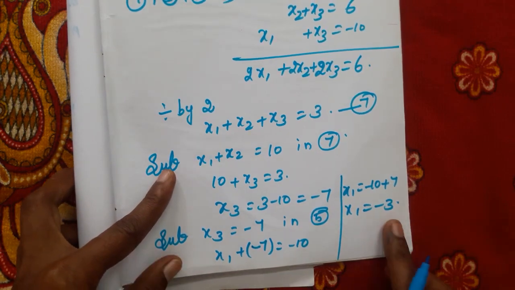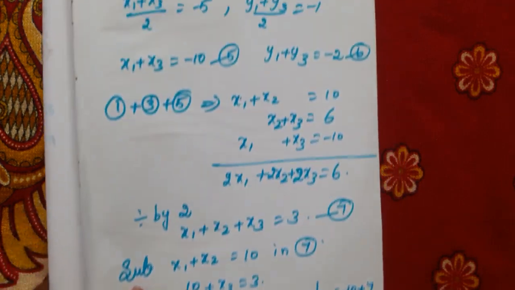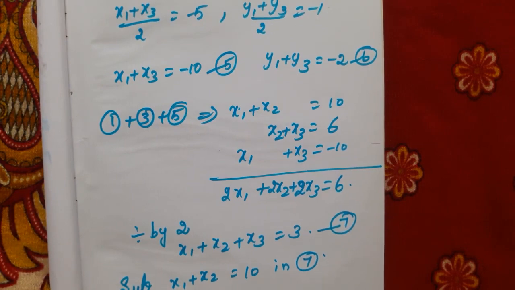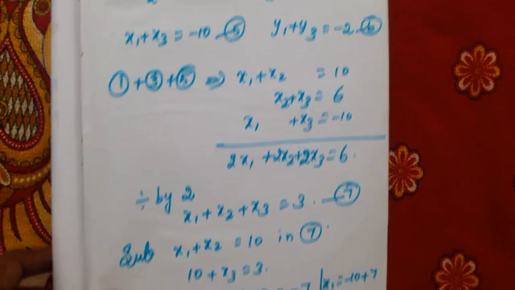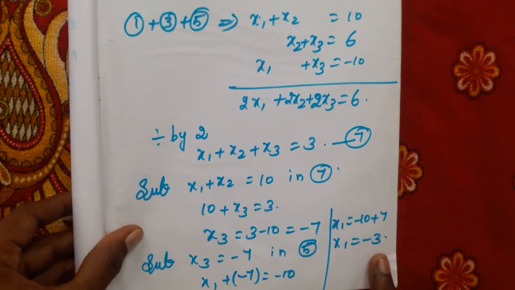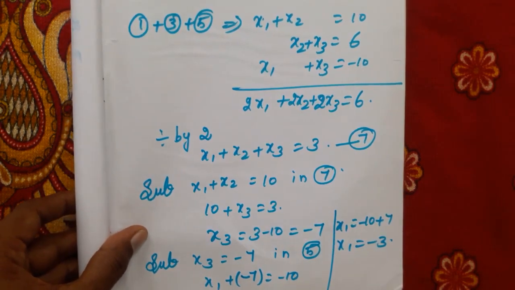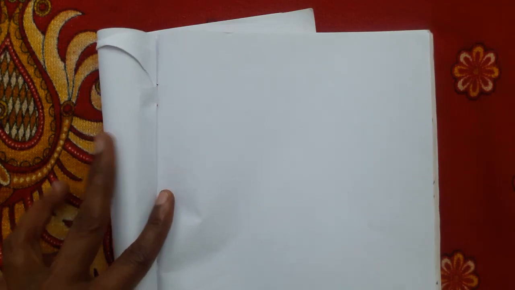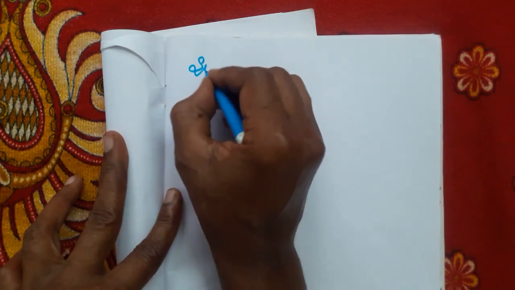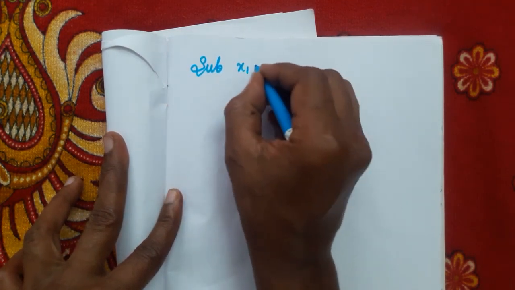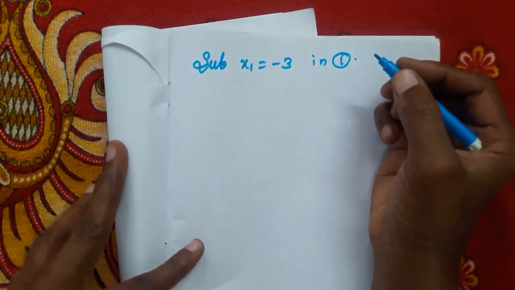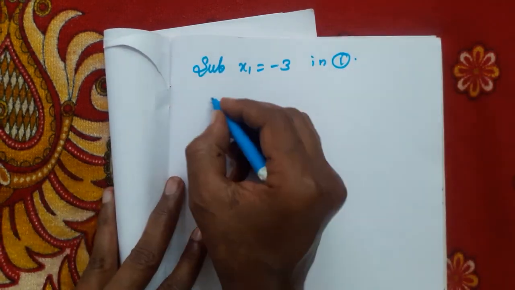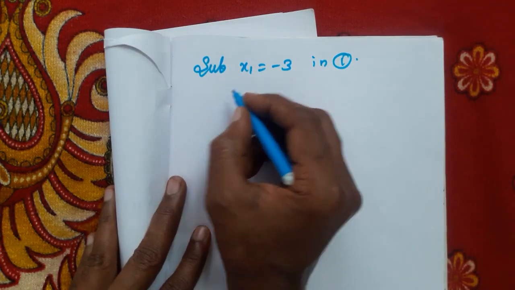Then we substitute the x1 value, x1 is equal to minus 3, in equation 1. What will we get? What is equation 1? x1 plus x2 is equal to 10.